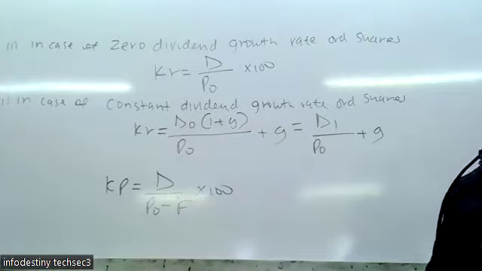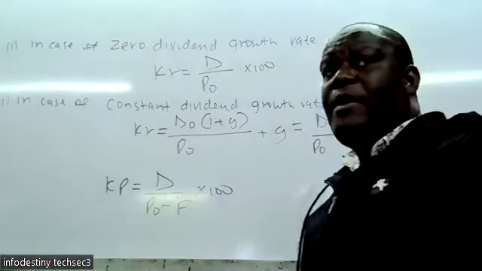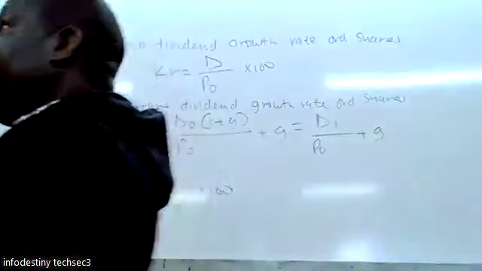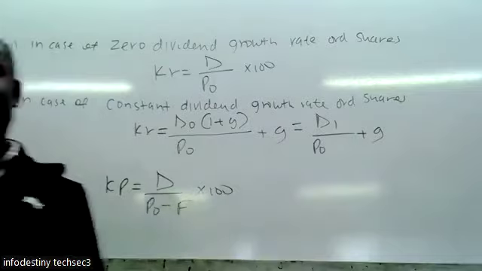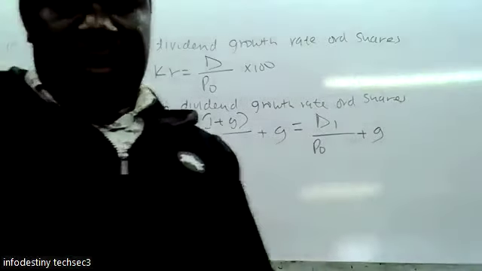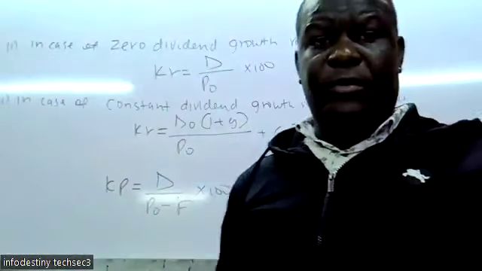Number 3 was the cost of debenture or bond.